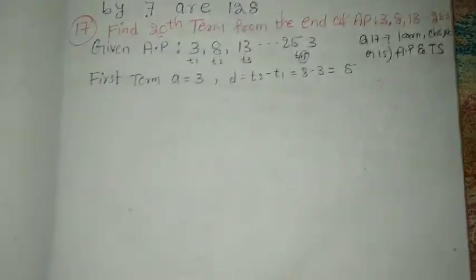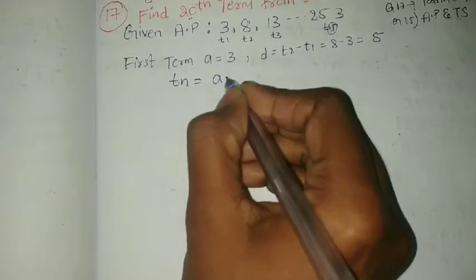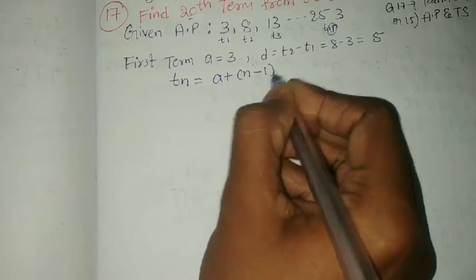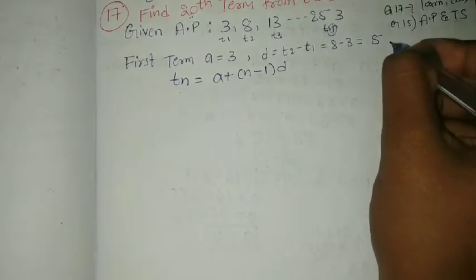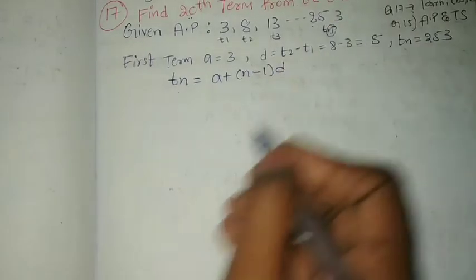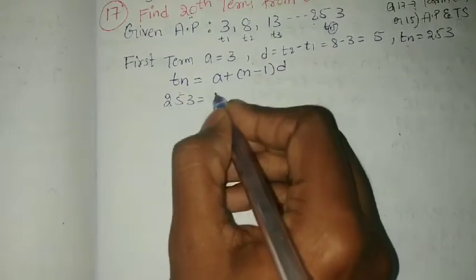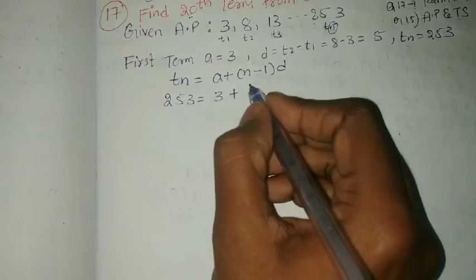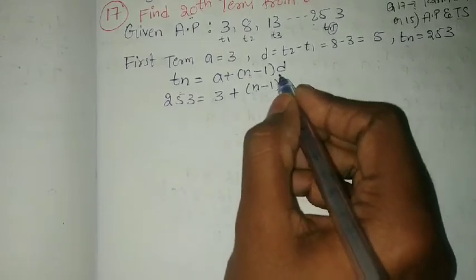Okay, let's start. What is the nth term formula? a plus n minus 1 into d. What is Tn here? Tn is equal to 253, that is the last term of the arithmetic progression. 253 is equal to a, 3, plus n minus 1, keep n as it is, into d, which is 5.